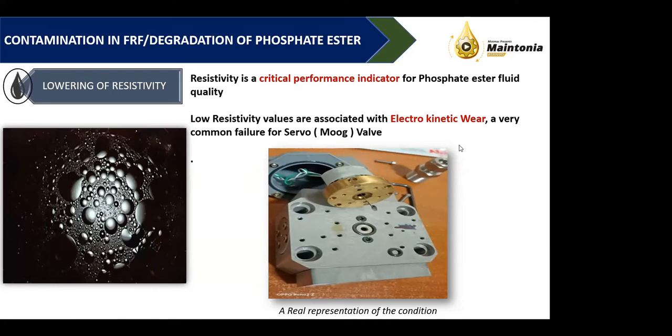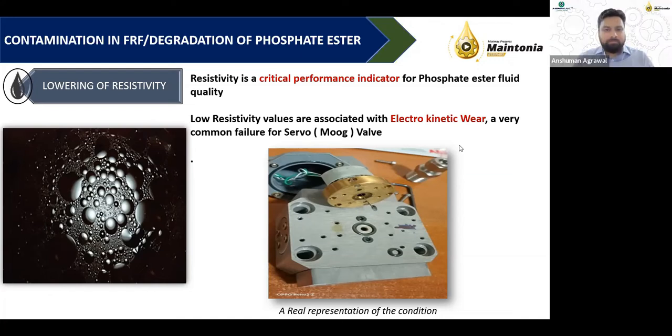Yeah, sure. But before that, just one idea came to my mind just now: if we check breakdown voltage for the transformer oil, then why don't we check it for the FRF? That's really a good point. Probably it's because the resistivity values, or the conductivity values, that we are seeing here are very low, so probably that won't be detectable in these cases.